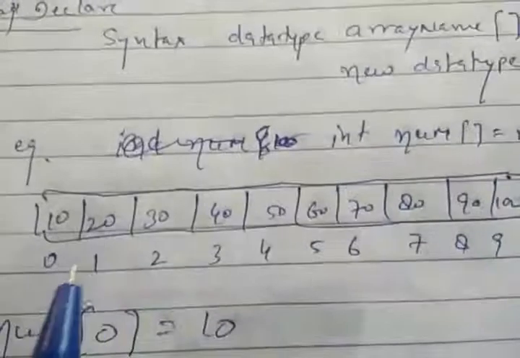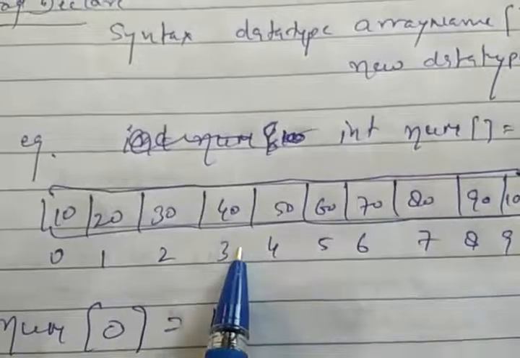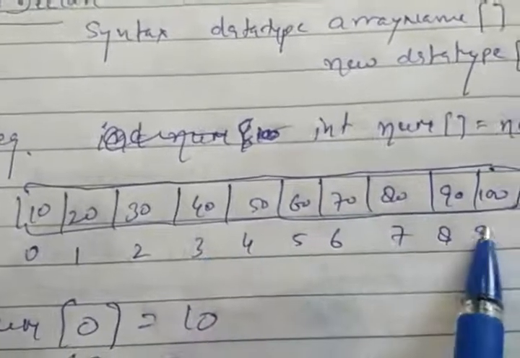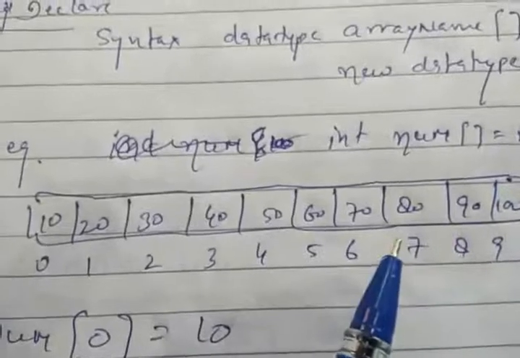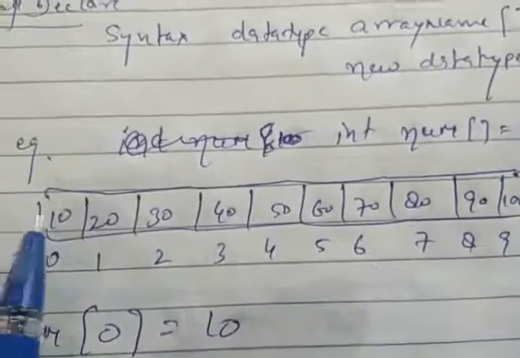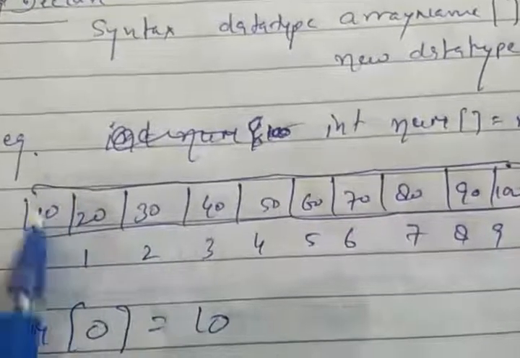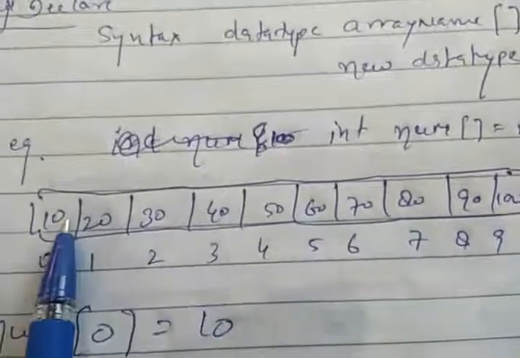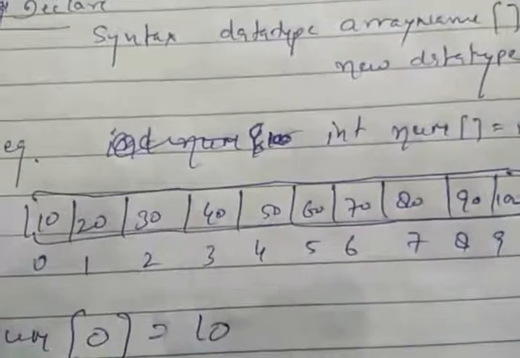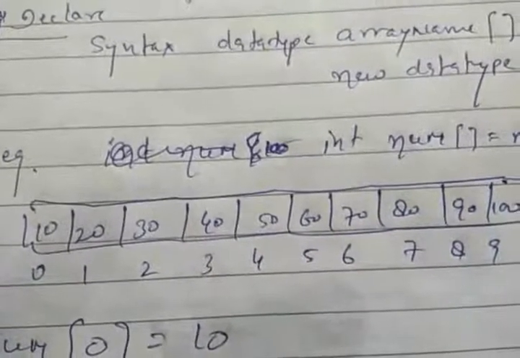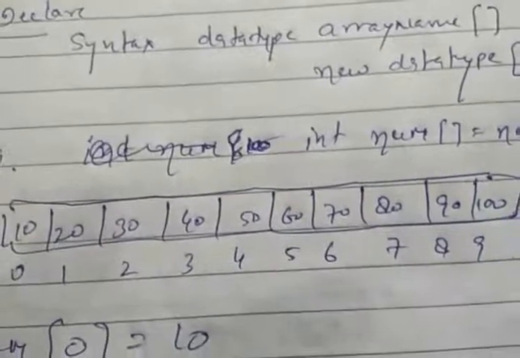So the index values of this array will be 0, 1, 2, 3, 4, 5 and so on till 9, because the size of the array is 10. This is the example of a single dimensional array. Here is a single row and it contains multiple columns, here 10 columns. So this is the single dimension array and the size of this is 10.